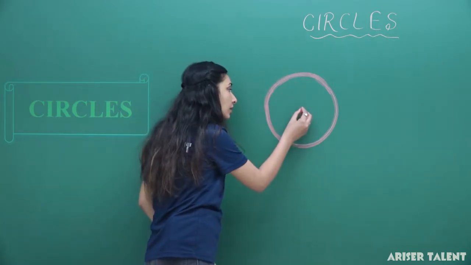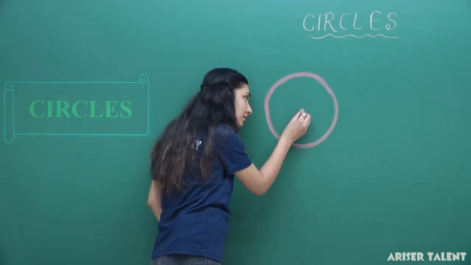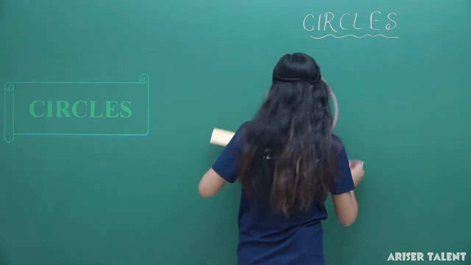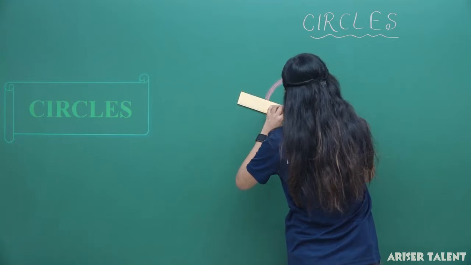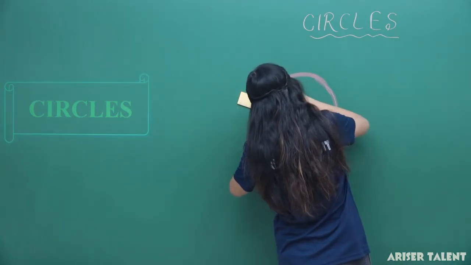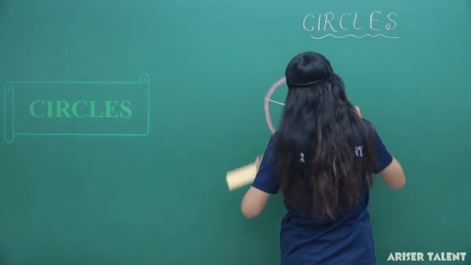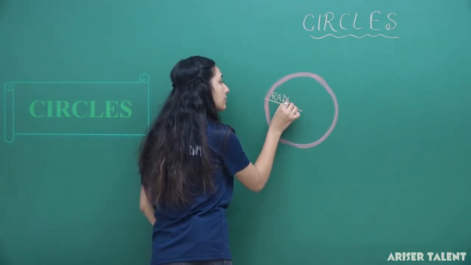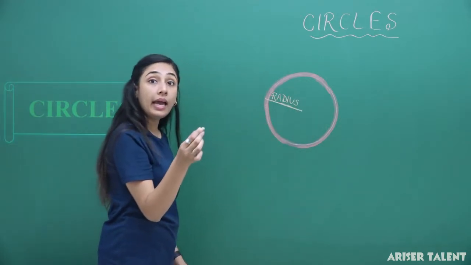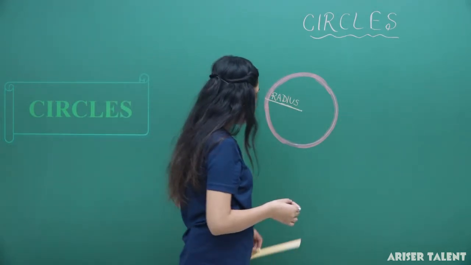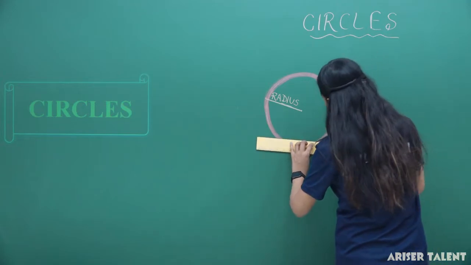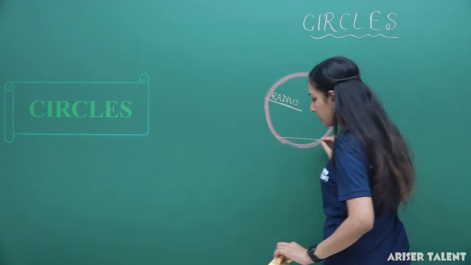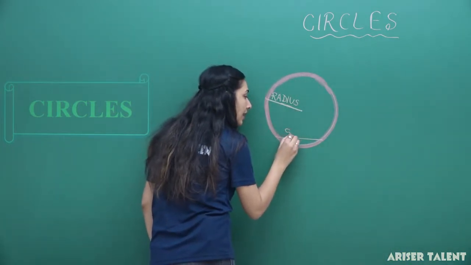Then when we join the center of the circle to any point on this circle, that will be known as the radius. And if I pick 2 points here and join them, then this line will be known as a segment.